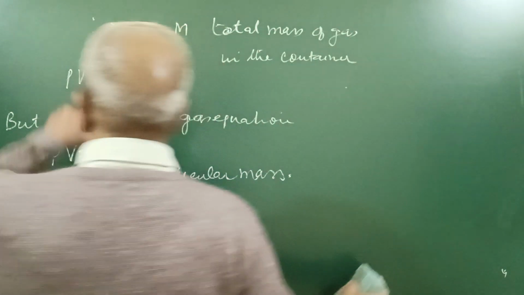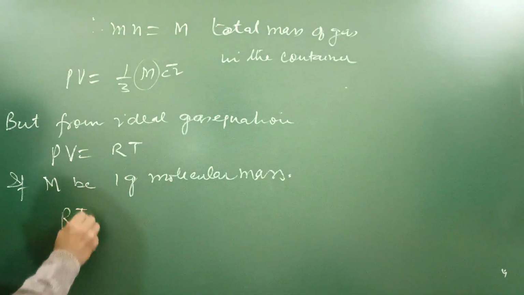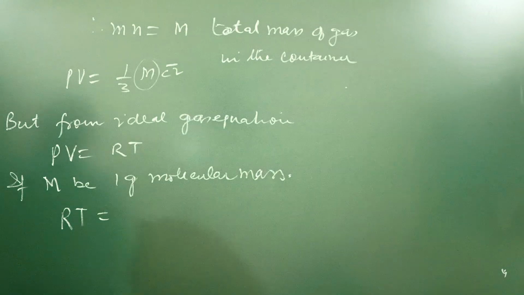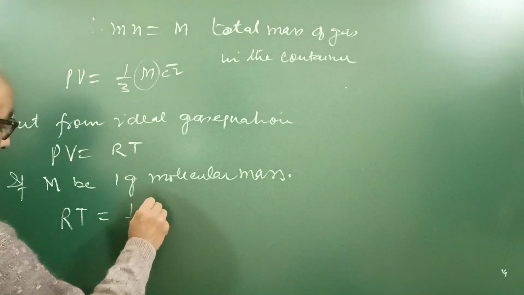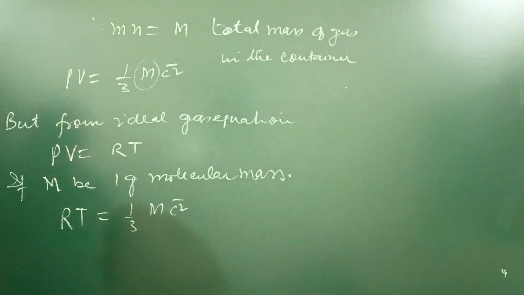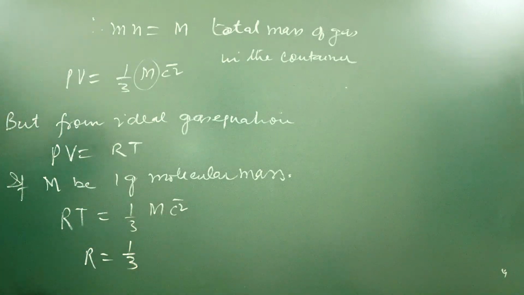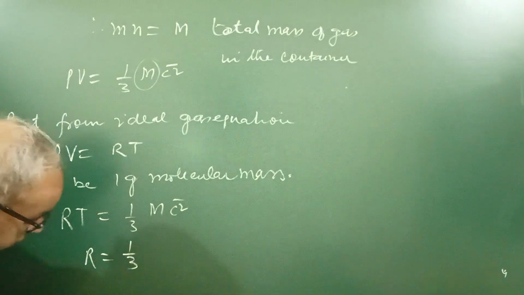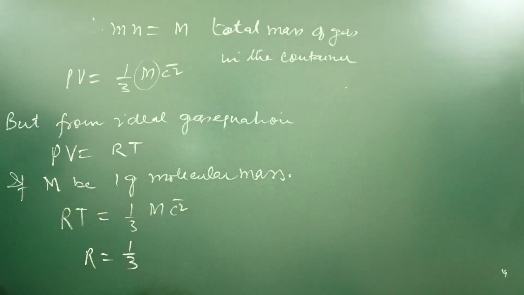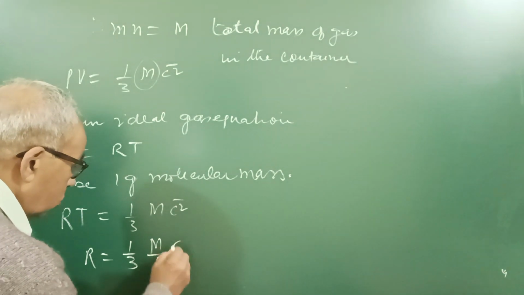Then by comparing the two, we get that RT is equal to 1 upon 3 M c square bar, or R is equal to 1 upon 3 M upon T into c square bar.